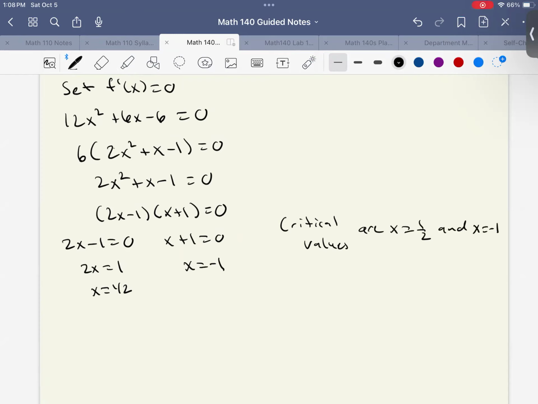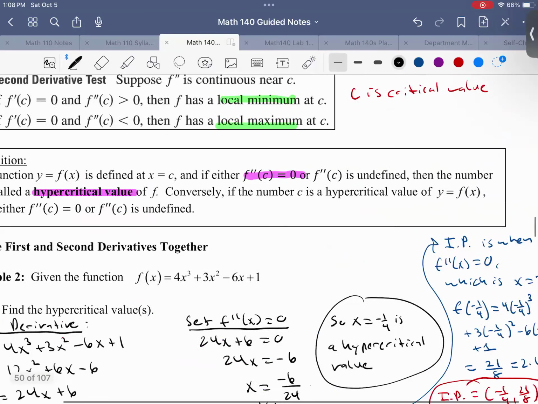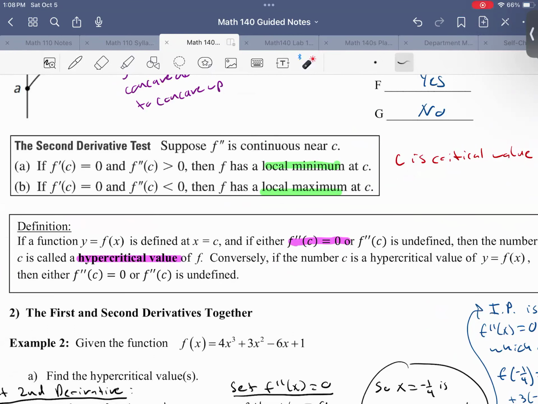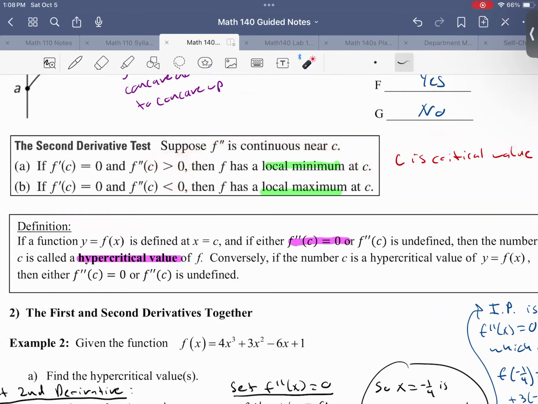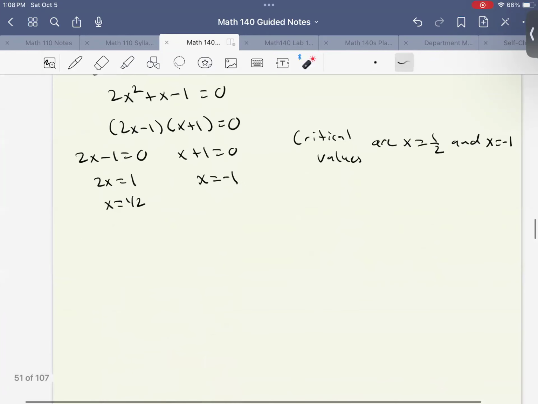All right, so what do we do with these critical values? We want to use the second derivative test. We have our critical values, we just found them. We want to plug them into the second derivative and see if we get a positive or negative value. Let's go ahead and do that, because that'll tell us whether it's a max or min.